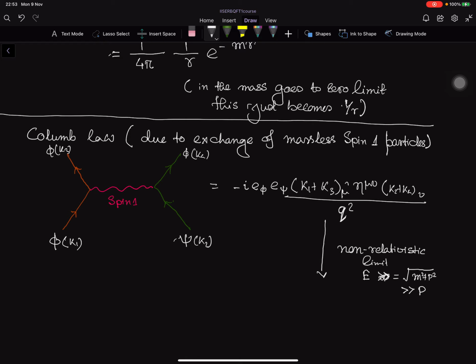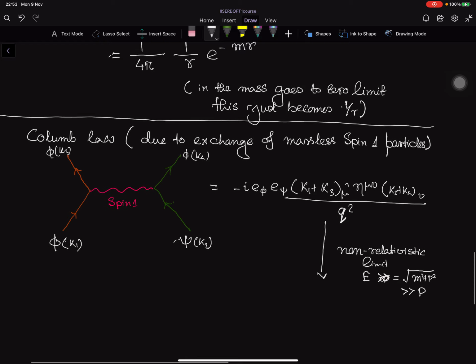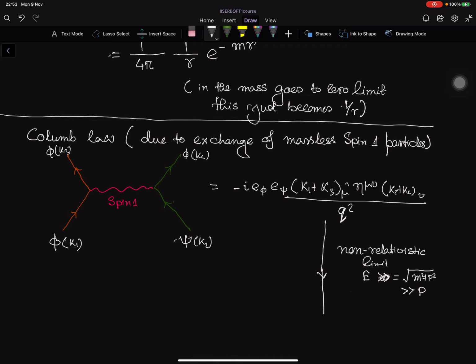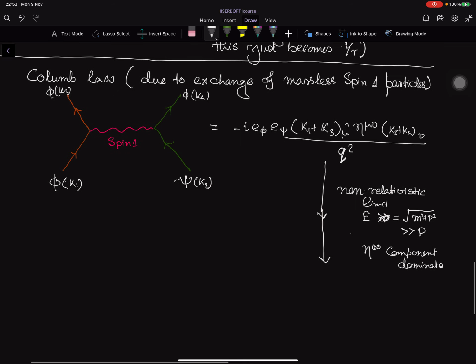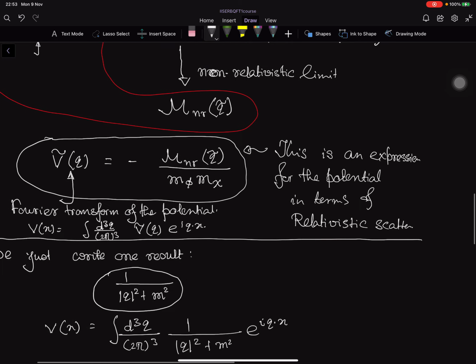What that means is that in this expression the eta 00 component dominates, because in the non-relativistic limit the zeroth component is much greater than the other components. So in that limit, this answer just becomes e_phi e_psi m_phi m_psi times 1 over q squared.